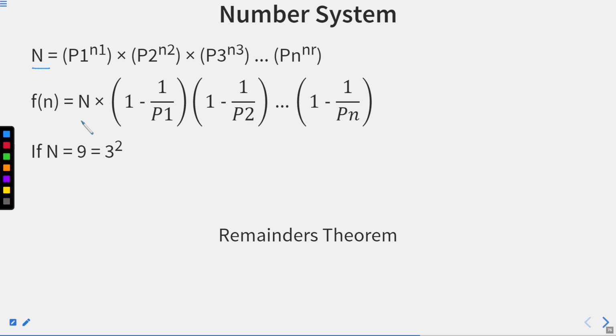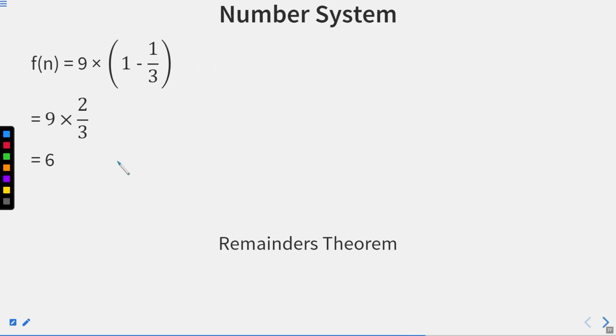Phi(n) will be equal to, this is the formula which you have to remember, n into 1 minus 1 upon p1 into 1 minus 1 upon p2 and so on till 1 minus 1 upon pn. So if n is 9, it can be written as 3 square.